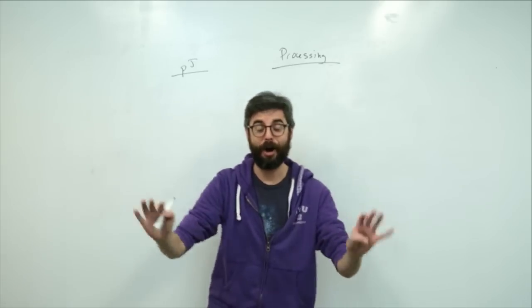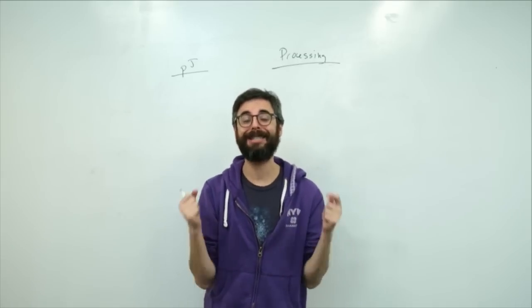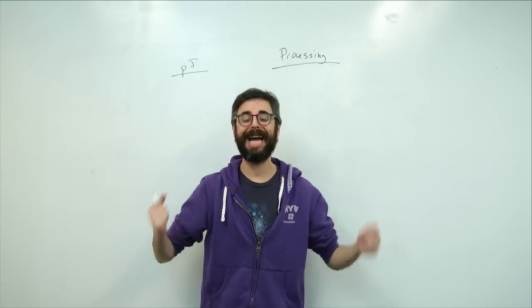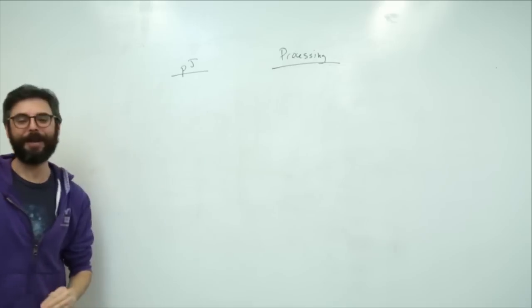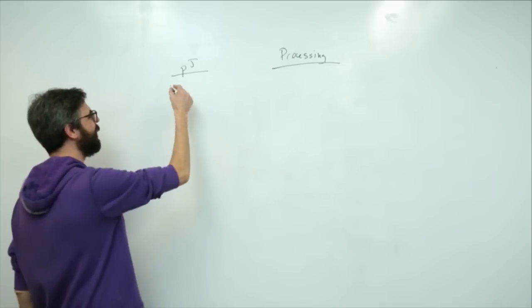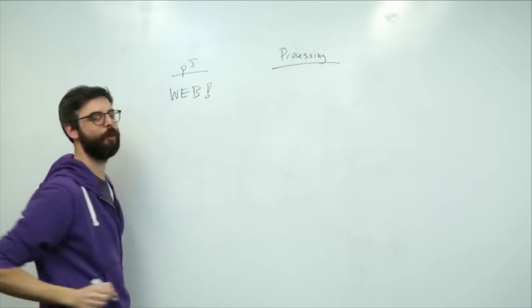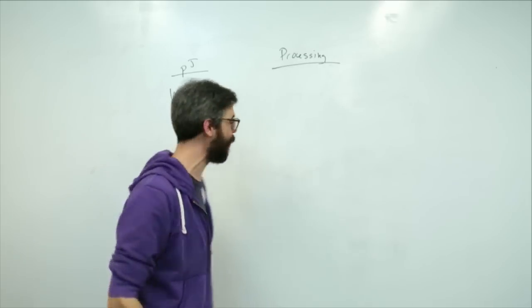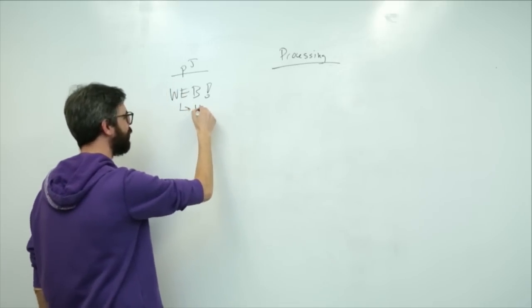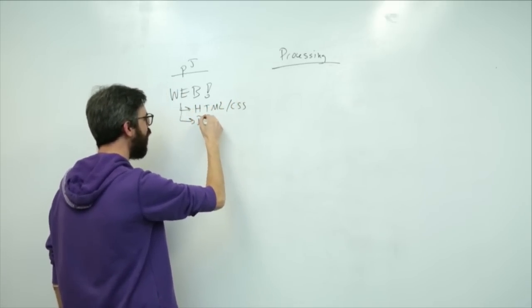So I would say, first of all, the primary key thing here: if you are making something and you want to release that thing on the web in a browser, this is where P5 excels. P5 is a JavaScript library. You can publish your stuff to the web in the way that you would publish anything written in JavaScript. You can integrate it with HTML, CSS. You can do DOM manipulation.